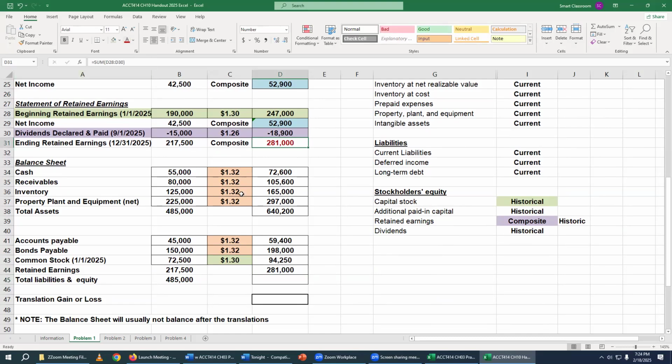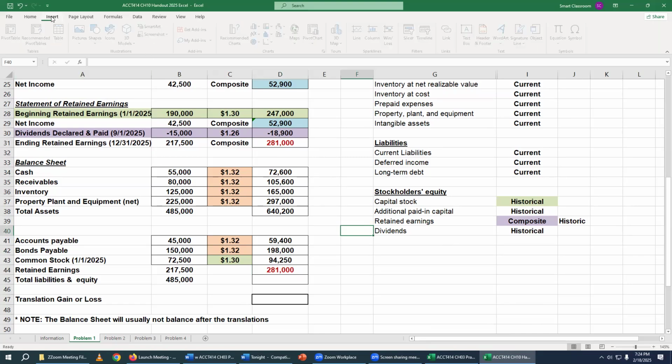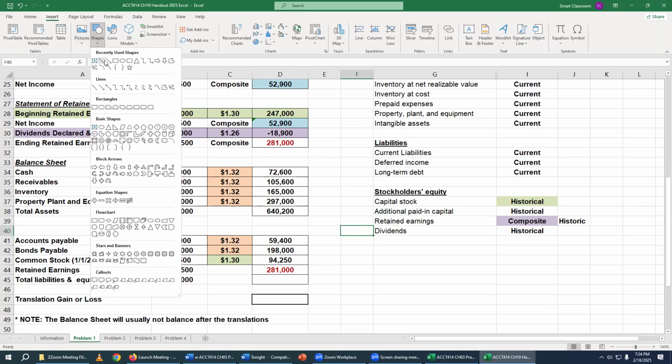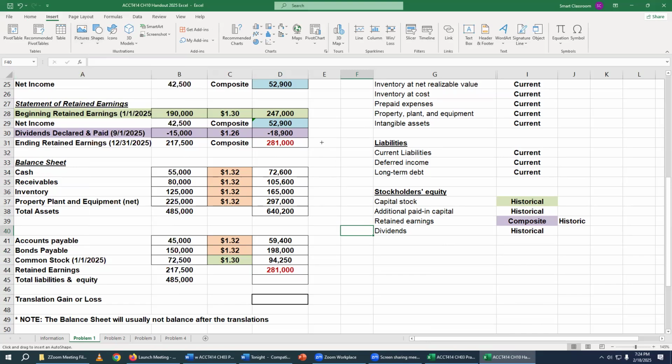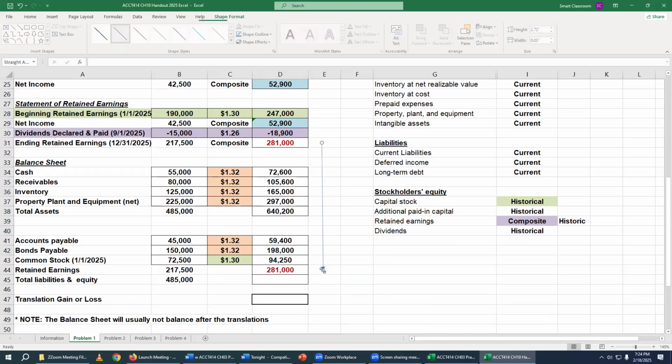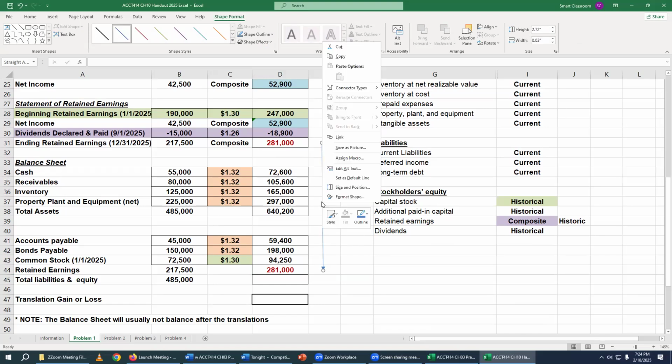This is this retained earnings. How about an arrow? We all love arrows. And of course, invisible blue, our favorite color.